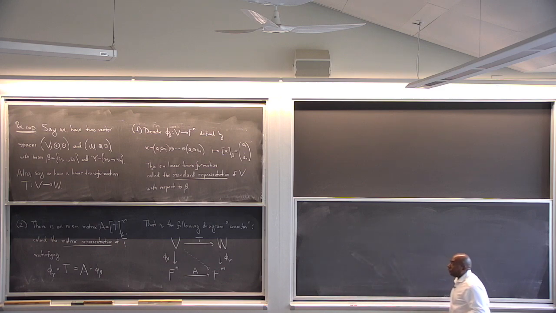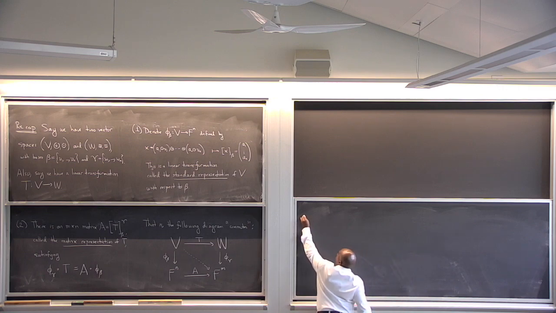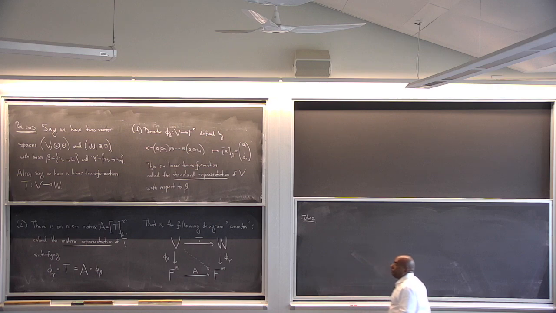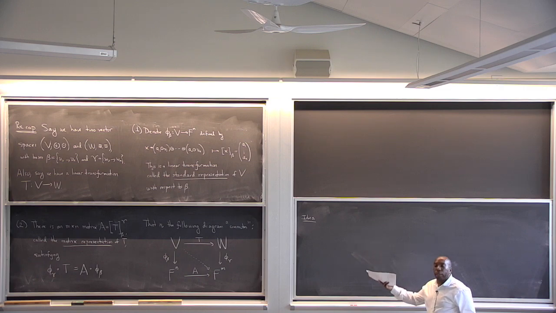Now I want to remind you how we actually find this matrix. The simple idea is that I need to express the image of the basis beta in terms of the basis gamma.